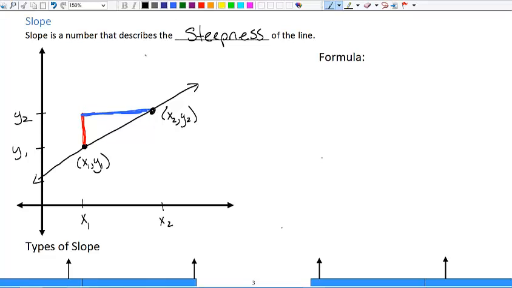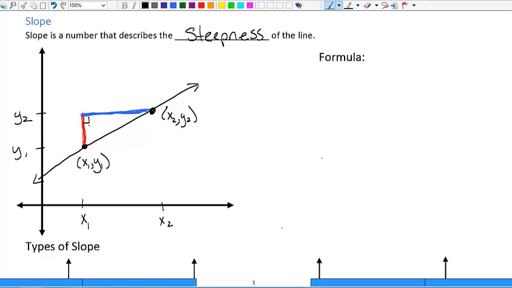If this is a mountain side or a hillside and I'm at point x1, y1 and I need to get to point x2, y2, I need to raise myself the red distance, and move myself the blue distance. And obviously when you're walking up a hill, you go both at the same time, go over a little bit and up a little bit. But if we're just looking at the horizontal and the vertical components, it creates this little right triangle here.